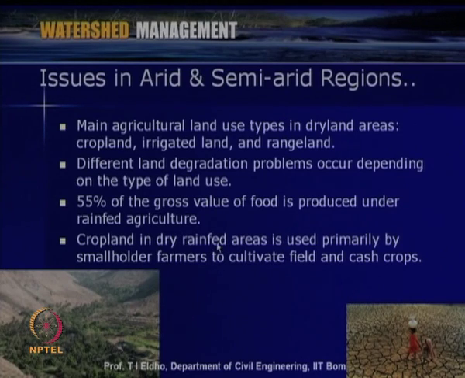Cropland in dry rain-fed areas is used primarily by smallholder farmers to cultivate food and cash crops. So, in most of the areas in the arid or semi-arid regions, more than 55% is rain-fed agriculture. Very few areas have irrigation facilities. Due to all these reasons, major issues are there in agriculture, which we have to address whenever we discuss watershed management practices.